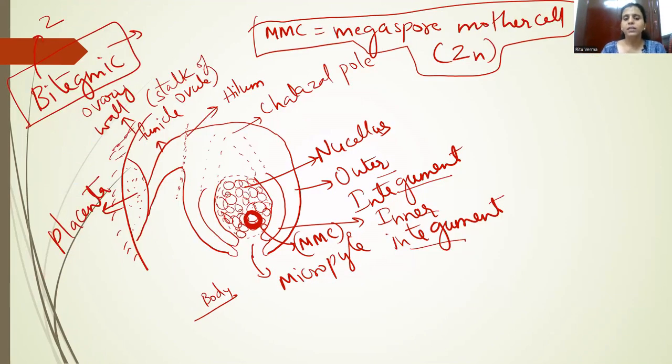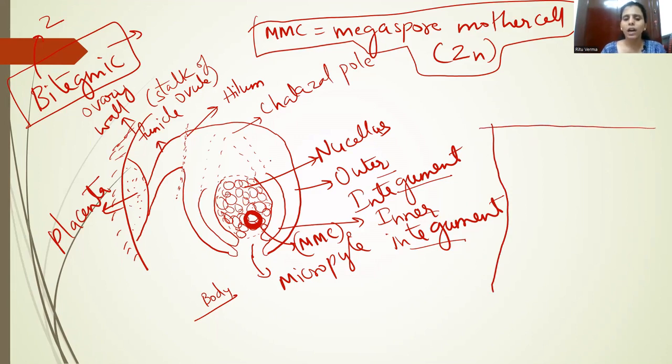Fine. And this nucellus tissue which is present inside the center is highly nutritive in function. It provides nourishment to the developing megaspore or to the developing embryo sac. And in some ovules, the nucellus is not compactly packed. The cells of the nucellus are present only in half form.